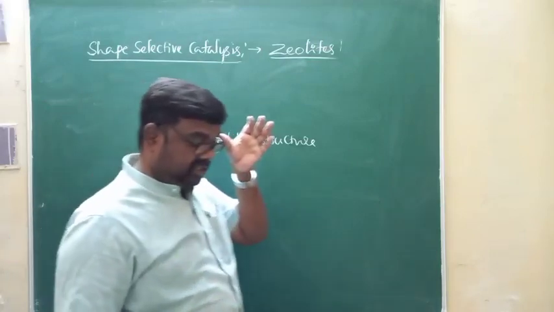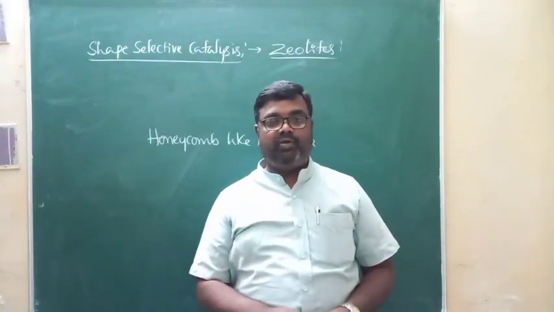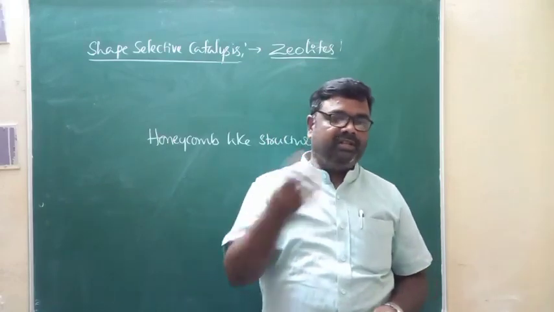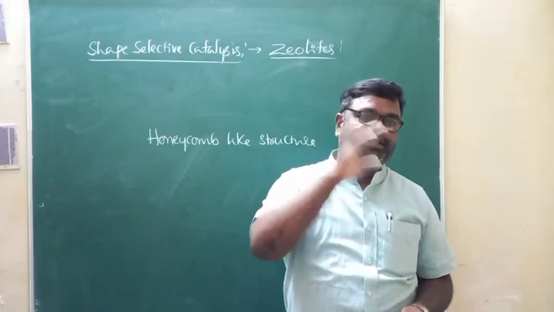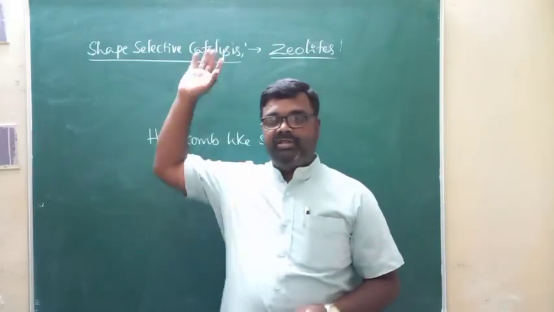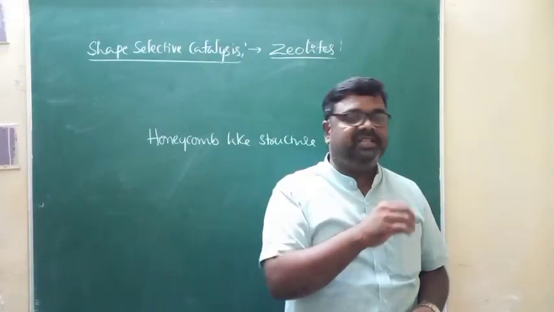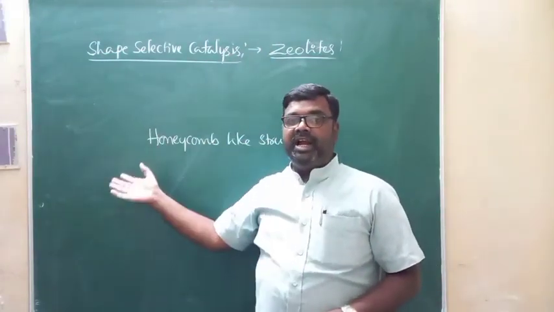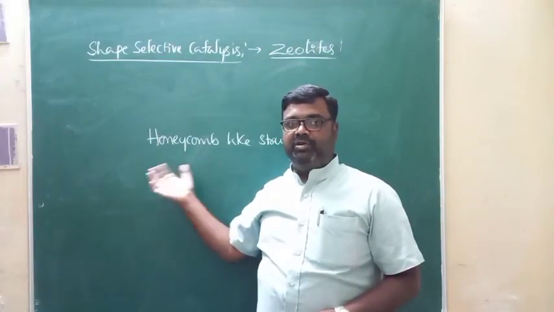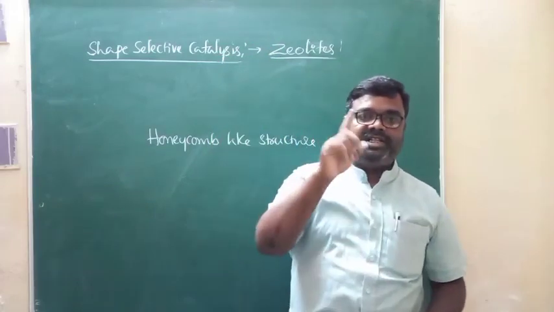That is, the structure of zeolites will be almost similar to the structure of honeycomb. Honeycomb is characterized by cavities and pores on its surface. Just like that, zeolites are characterized by various cavities and pores on their surfaces. Because of that, zeolites are said to have a honeycomb-like structure. Due to the presence of this honeycomb-like structure, zeolites act as shape selective catalysts.